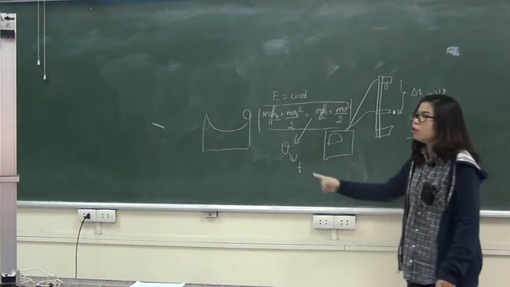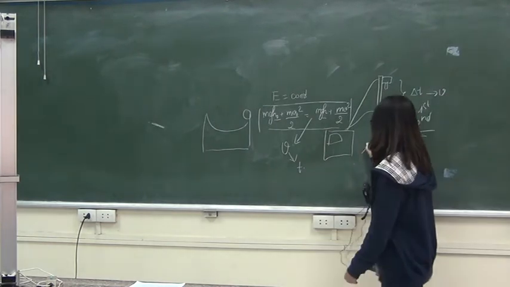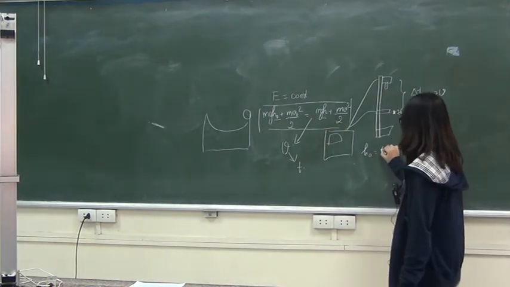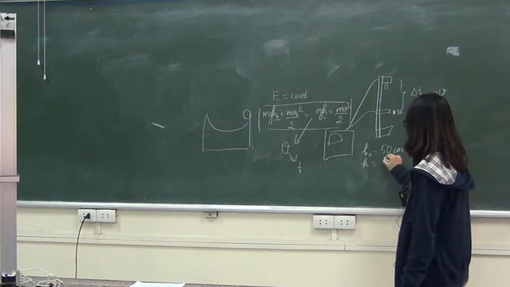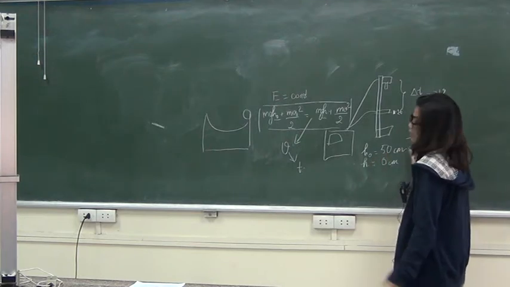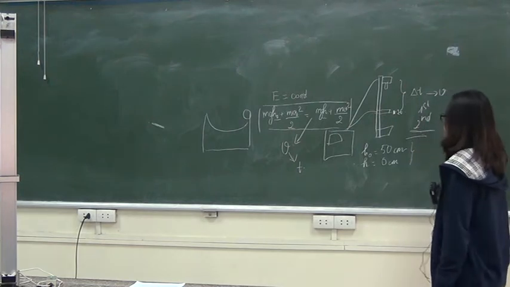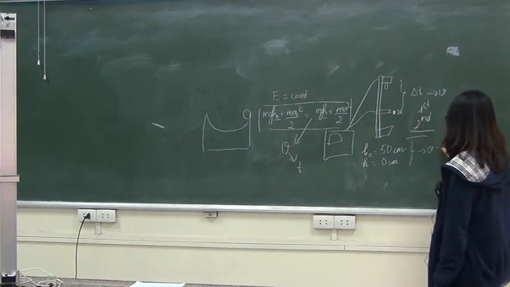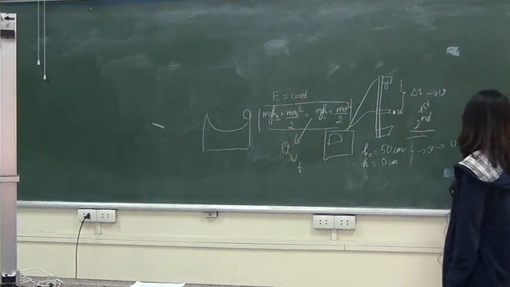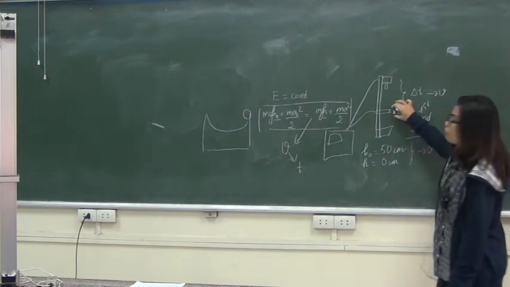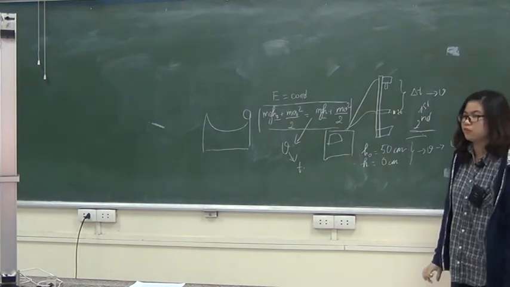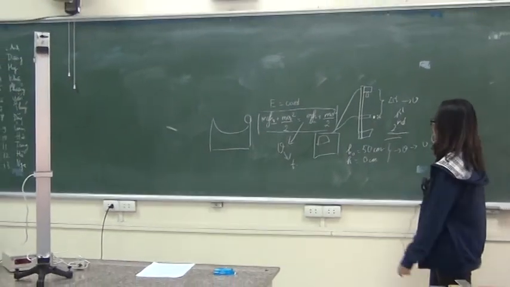For example, I choose h0 equal to 50 centimeters and h equal to 0 centimeters, like this. Then I will calculate v, and v is equal to s over t. What is s? s is the length of the object, and I will use this ruler to measure it.